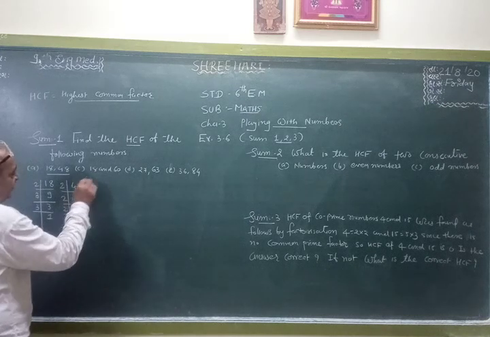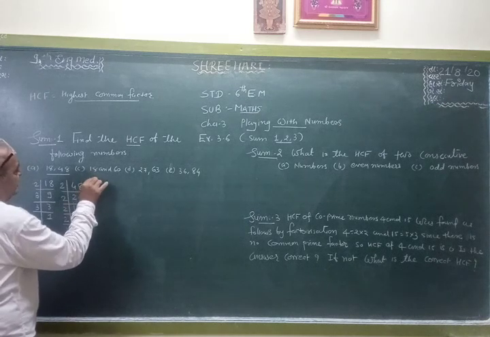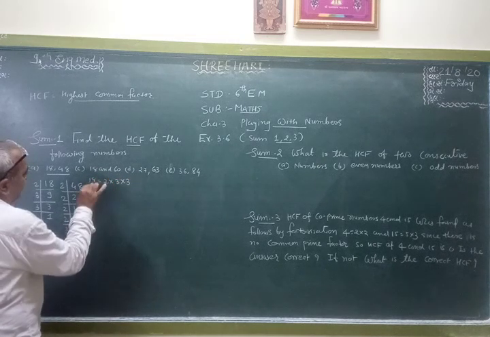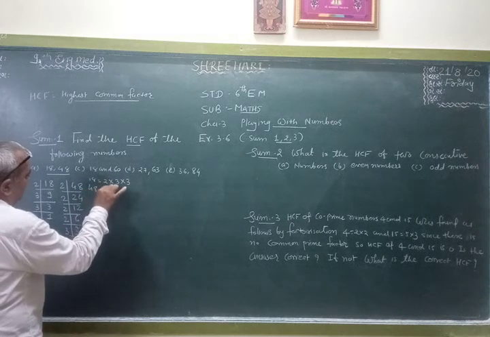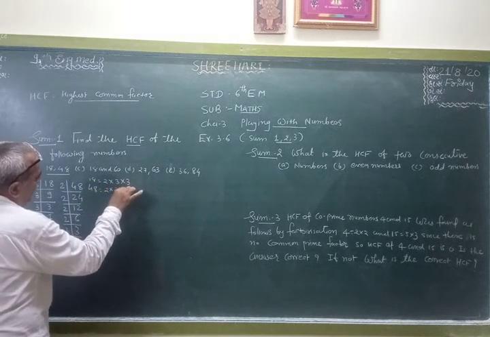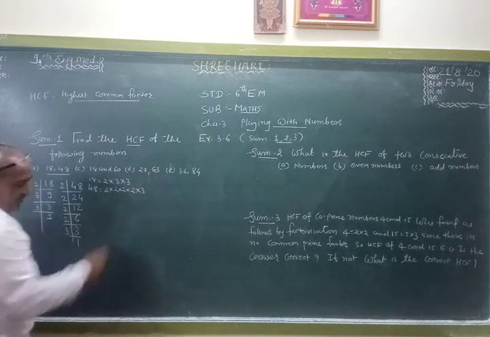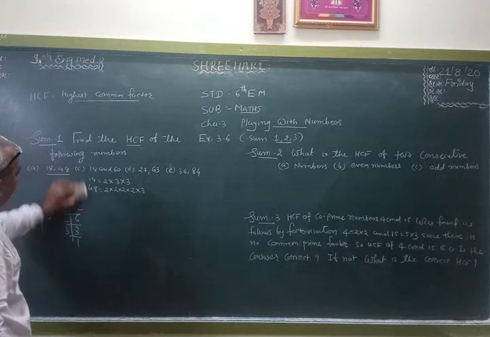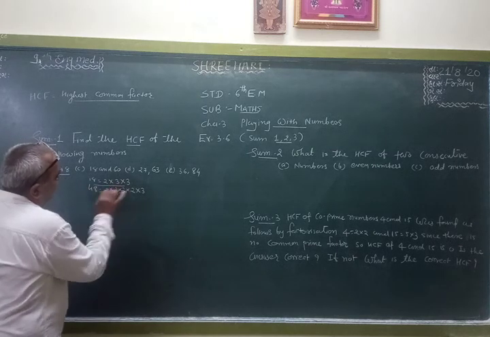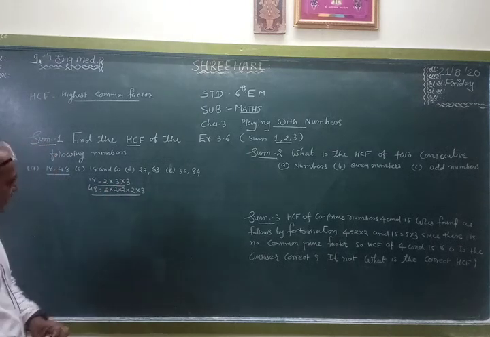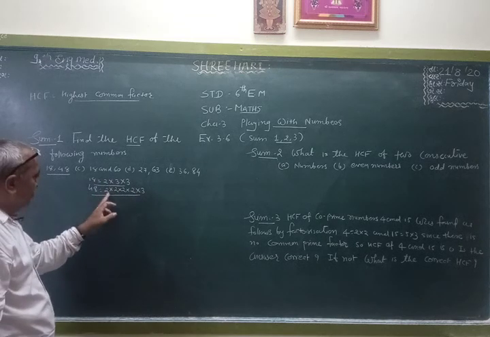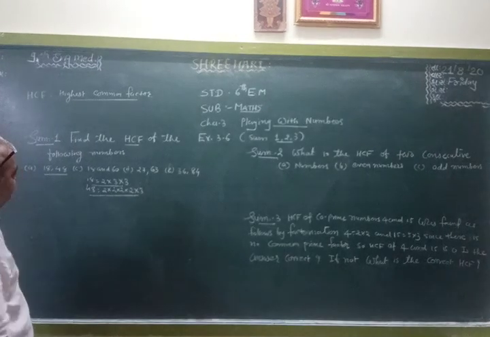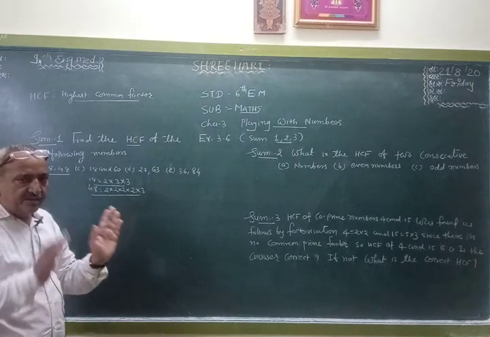The prime factorization of 18 is 2 into 3 into 3 and 48 is 2 into 2 into 2 into 2 into 3. Friends, there is no need to write this, but let us write the prime factors. Now count again, and our prime factorization is right.